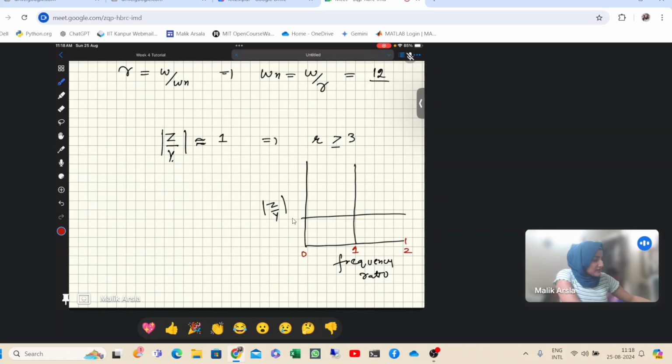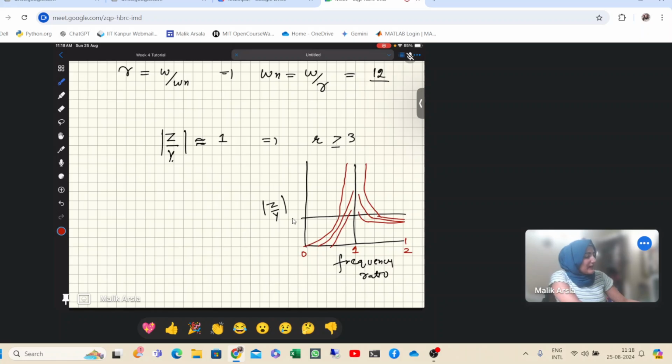So the graph is coming out to be something like this, for different values of damping. I have not made it to scale, you can write it like this.